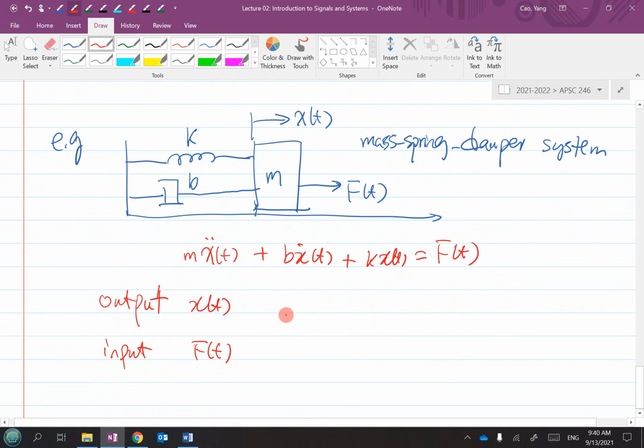The point here is I want you to get some idea of a relationship between input and output, the relation between signals and system, and how the relationship can be described without getting into too much detail. And by the way, I think I mentioned in my first lecture, when I use a variable with a double dot on it, that's what we call Newton's notation.